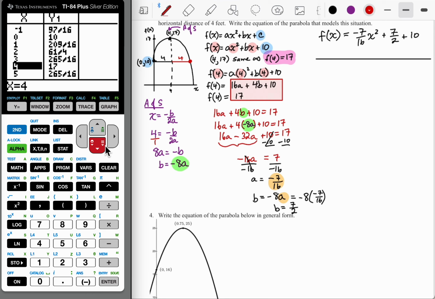So the height doesn't change, but the x value does. So we start off with the y-axis. We go to the right 4. We go to the right 4 more. We're really going to the right 8. So 8, 10 would be another point that we can assume. All right. So we're going to do stat edit.